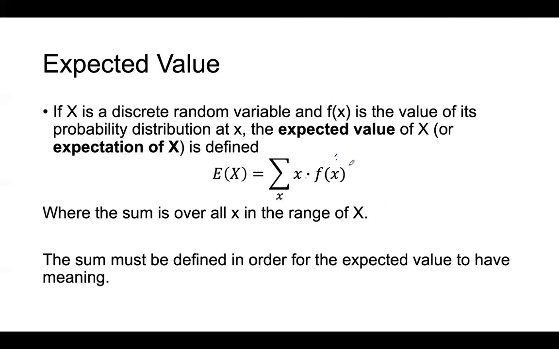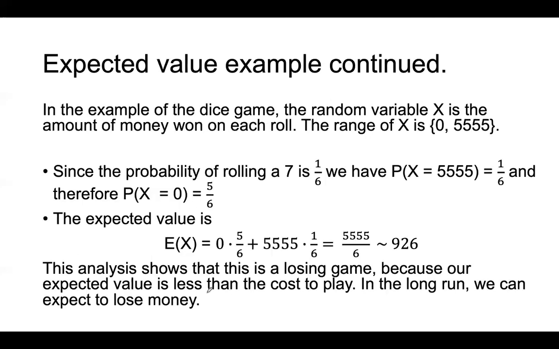It can be anything, actually. It can just be a function. So where the sum is over all X in the range, the sum must be defined in order for the expected value to have this meaning.